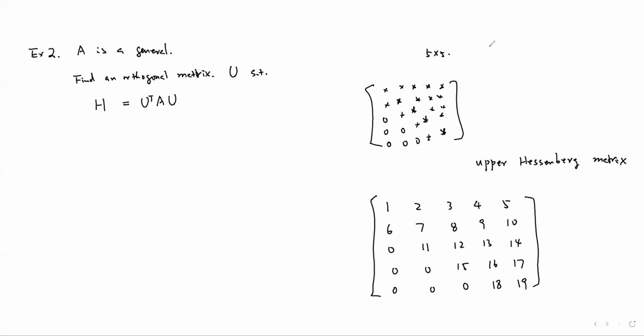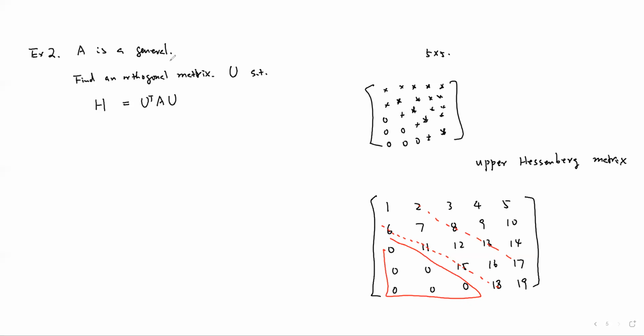This matrix is an upper Hessenberg matrix. This line is called the subdiagonal line, the lower subdiagonal; the upper subdiagonal is this line. Below this line, all the entries are zeros. A matrix of this form is an upper Hessenberg matrix.